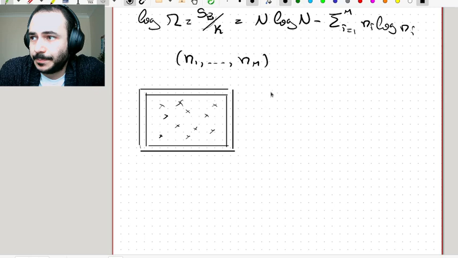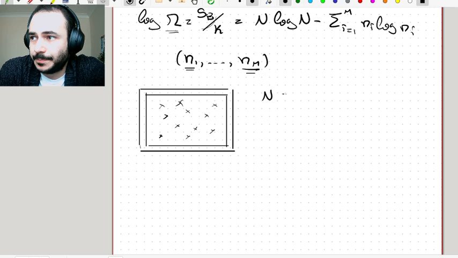So first things first, we are going to use as our parameters in the optimization these cell occupations. We are going to play with them to see what specific distribution of occupations maximizes the statistical weight. But of course we cannot change them completely freely.